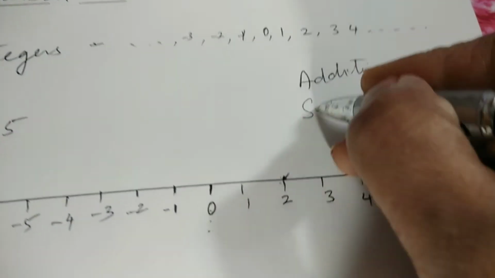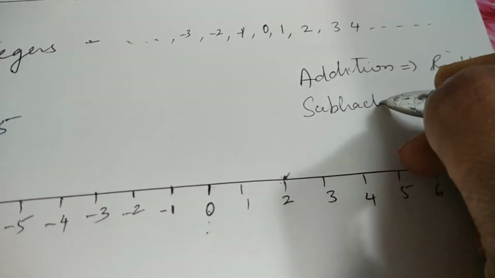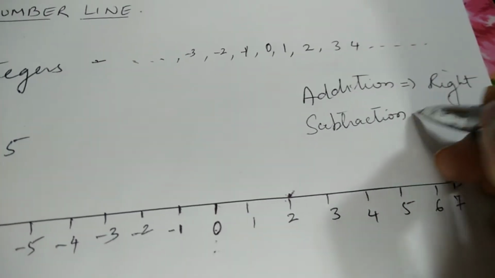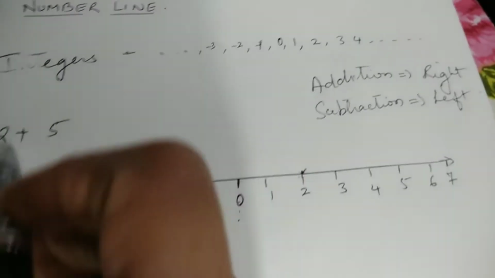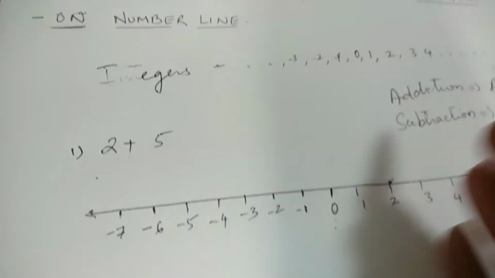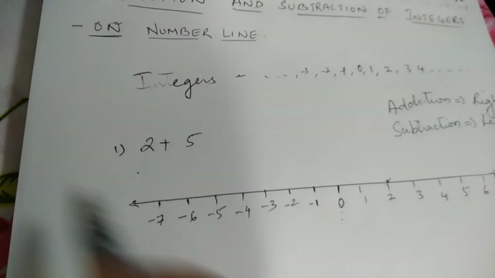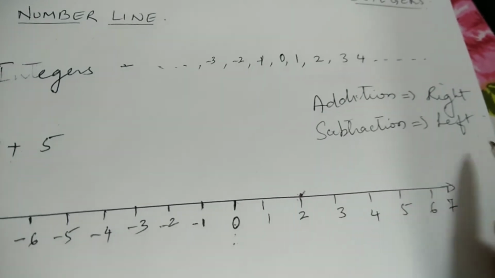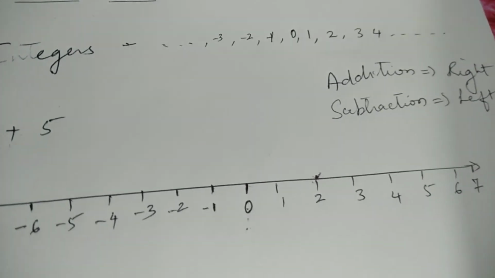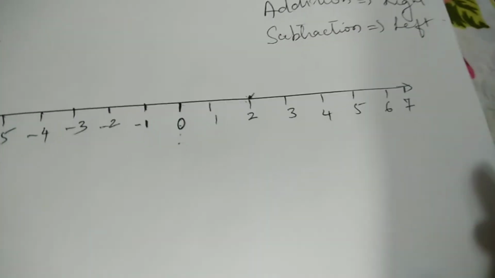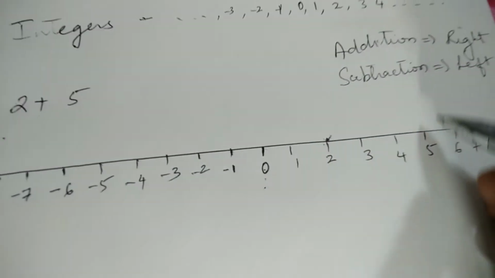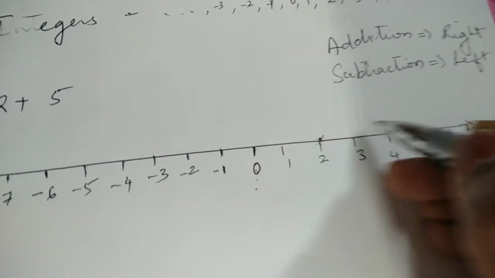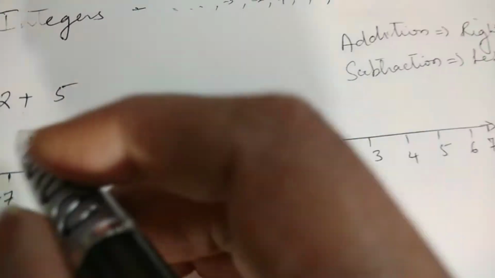Whenever there is subtraction we move towards the left. Whenever there is a minus in between, we move to the left side, and in case of addition we move towards the right side. When we see the example, you will understand why I'm saying this. So from 2 we have to add 5, so we move 5 steps to the right, because it is addition.